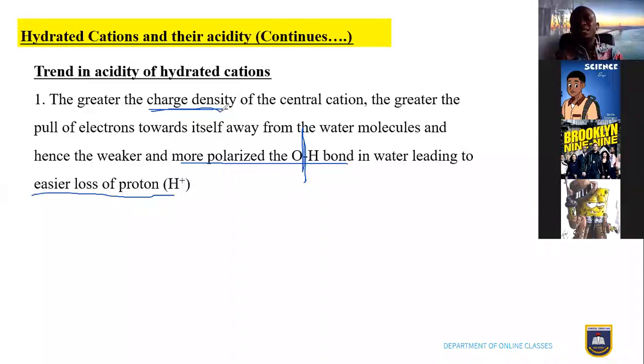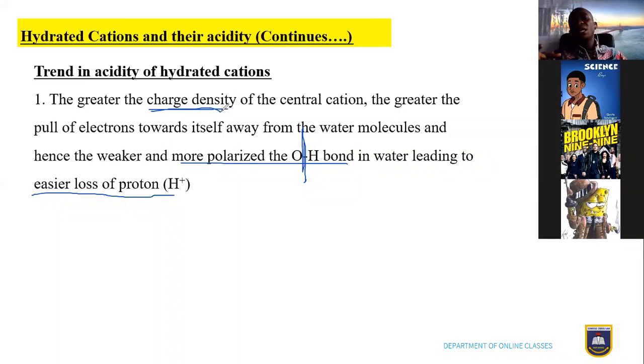So if the charge density on M is great, it will be able to pull electrons from the water molecules, from the bond between the O and the H. Water is O, H, H. If the charge density of the central cation is high, it will attract the electrons in the bonds.